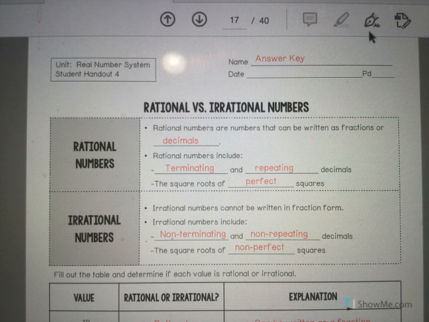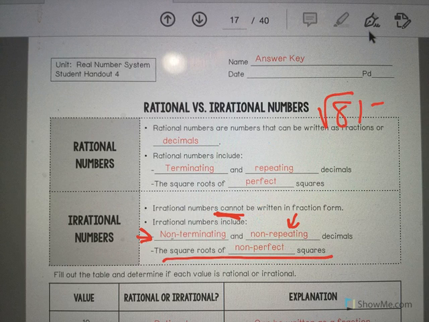Let's talk about irrational numbers. Irrational numbers cannot be written in fraction form. That means irrational numbers include non-terminating, non-repeating decimals, and anything that is a non-perfect square. Remember how we said 81 is a perfect square because it gives 9? Well, the square root of 82 is irrational because it doesn't come out perfect.